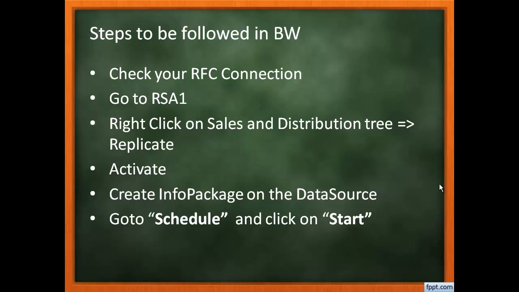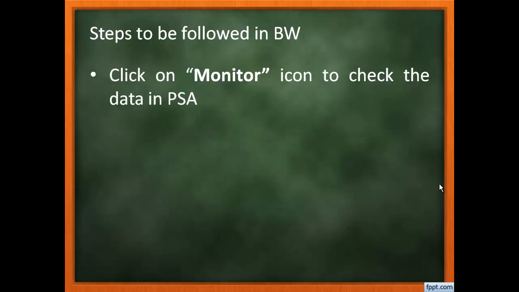You can replicate only a particular data source rather than replicating all the data sources. Then click on activate. Then create an info package on the data source, go to schedule and click on start. Click on the monitor icon to check the data in the PSA.